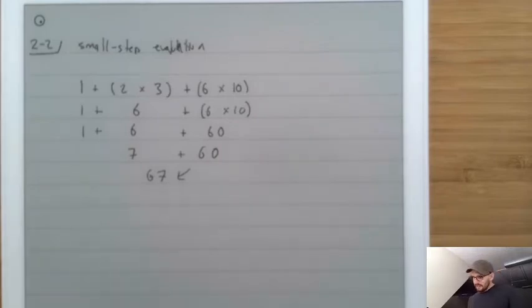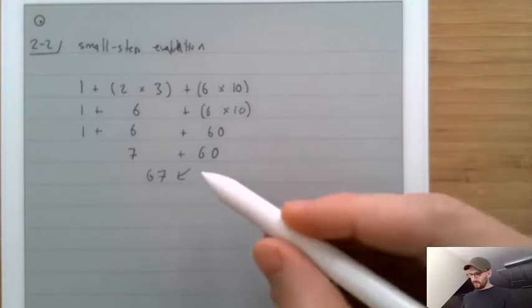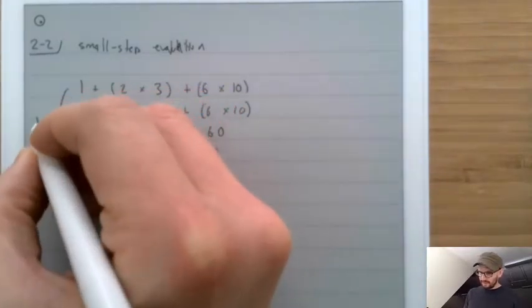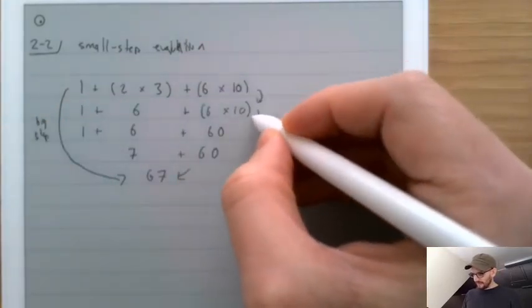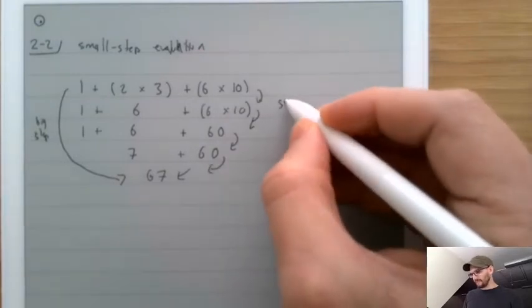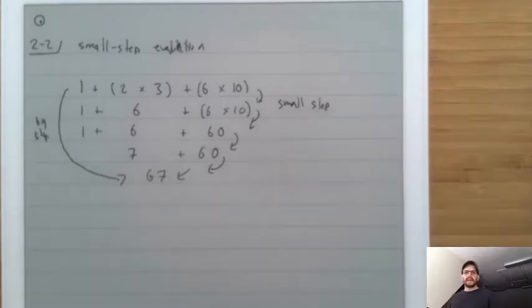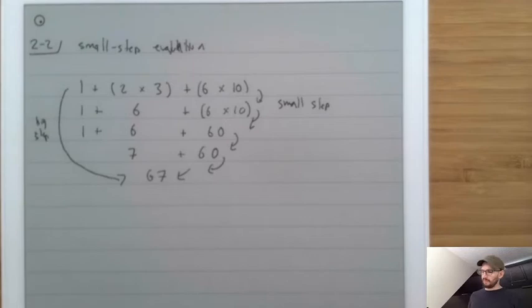So notice that this is not one giant step where we take the input program and we immediately go to 67. That is a big step. Instead, there are little tiny steps, and each step gets us closer to the answer. And you know you've got the answer when there are no more steps to perform, or when you have a value.